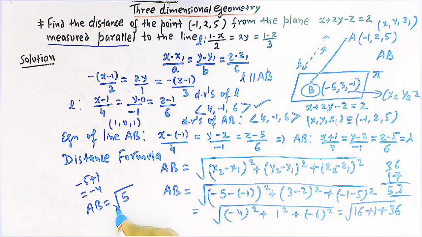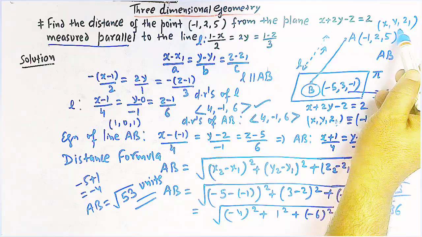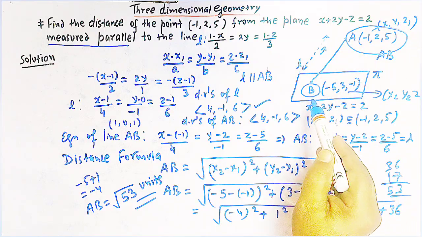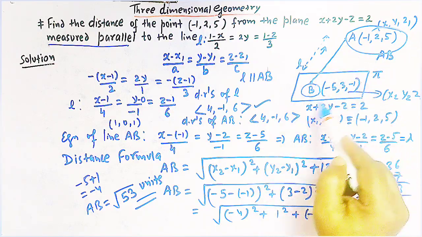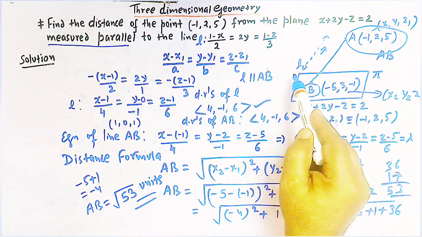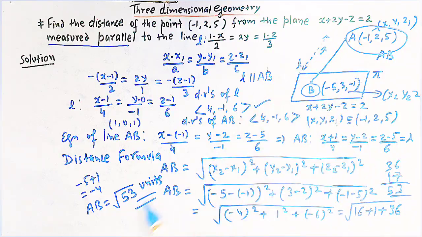So here we have square root of 53 units. So the distance of this point from this plane, that is pi, measured along this line L, is equal to square root of 53 units.